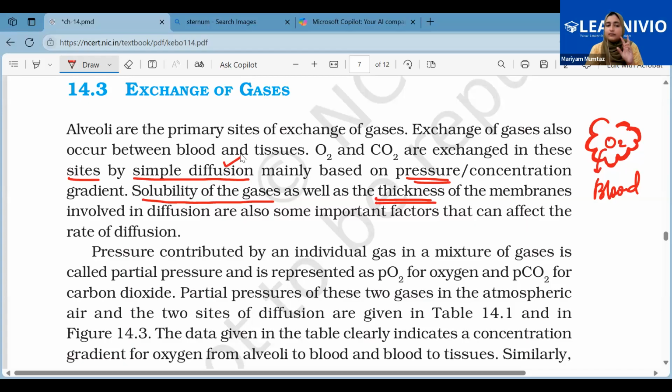Keep in mind that the gas must be soluble and the membrane must be thin. It shouldn't be very thick. Clear? Any doubts up until now? No doubts? All right. Very good.